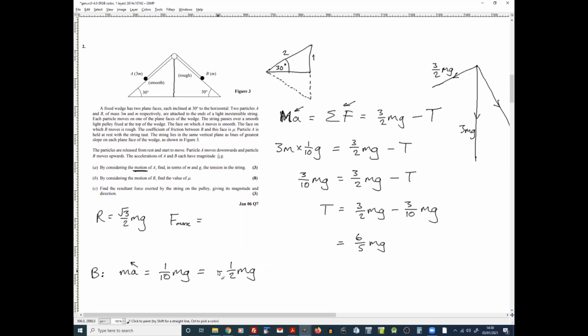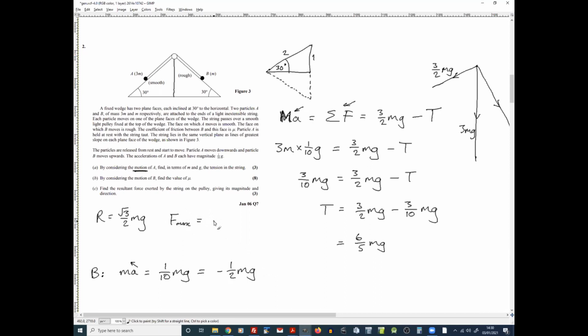Right. Well, if you're going to have a 10th mg positive because we're looking up the slope, then the weight component and the friction are both going to be negative because they're acting down. Oh, okay, that's what I meant. So minus friction. And we might as well work out the friction now in terms of mu.